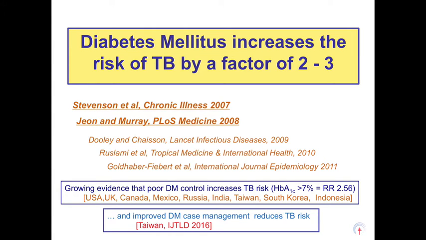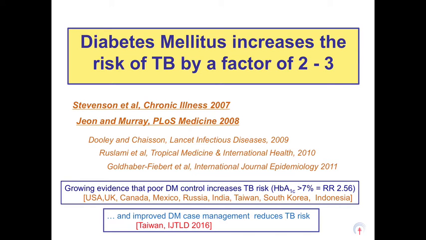So there are things preventing this, and maybe diabetes is one of the factors, along with others, preventing this decline. So I think the two important publications here were firstly by Catherine Stevenson from the British MRC, working with her WHO colleagues, publishing in Chronic Illness 2007, and then Christie Guion and Megan Murray from Harvard University in the States, publishing in PLOS Medicine the year later.